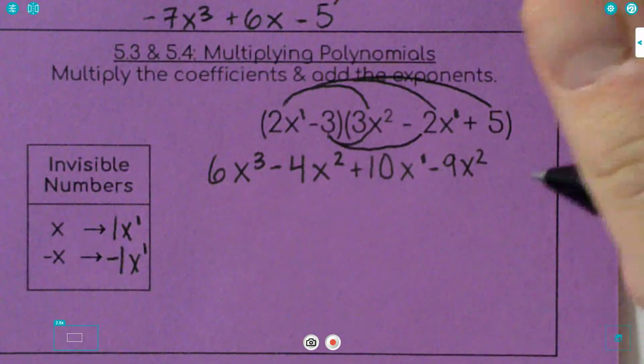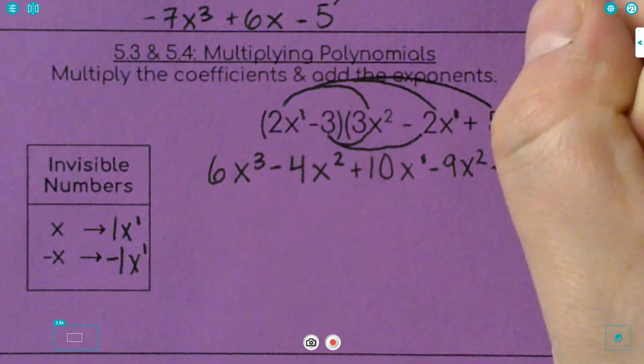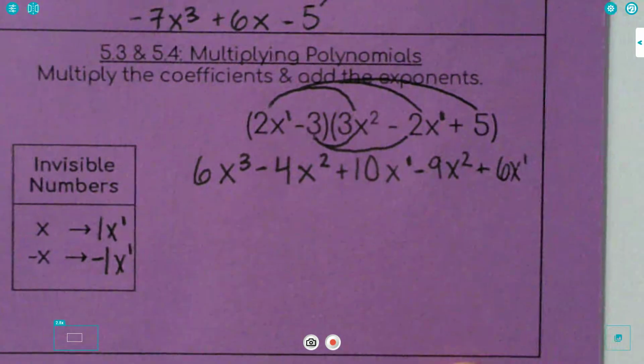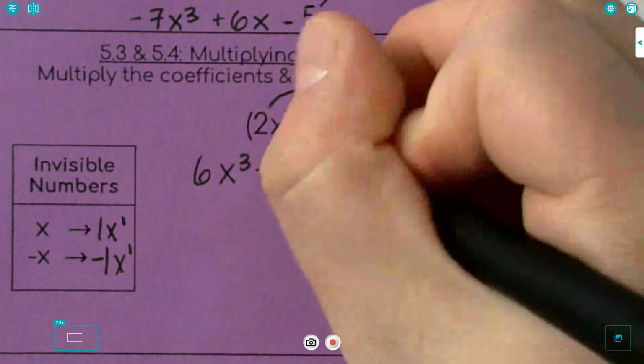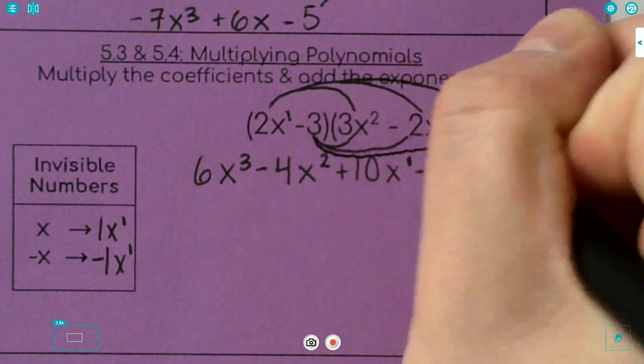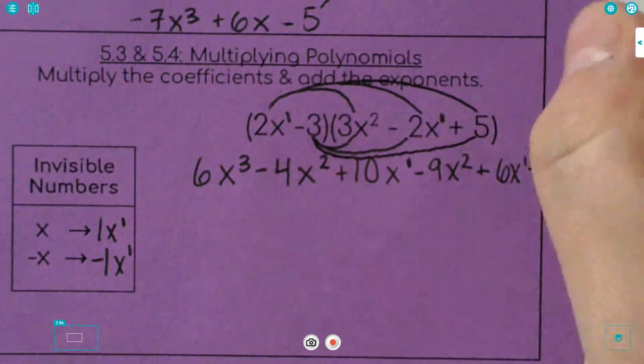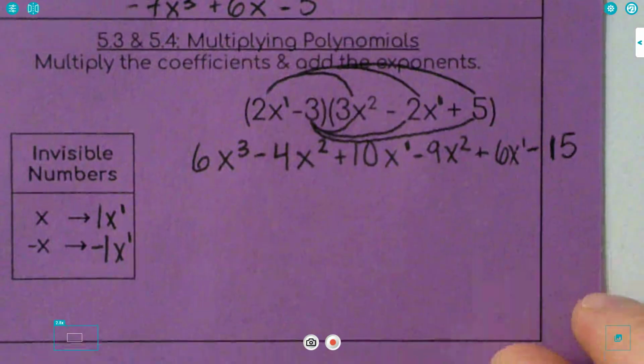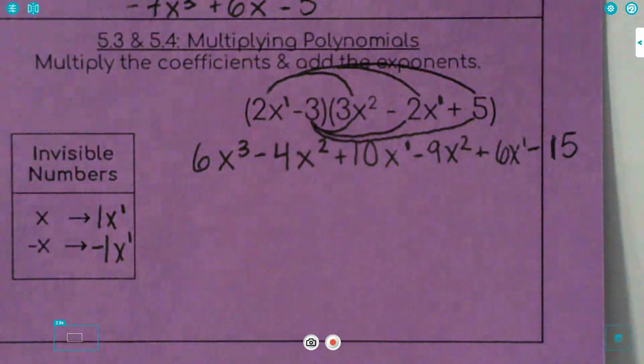Negative times negative is positive 6x to the first. And then I'm running out of space. Negative 3 times 5 is negative 15. Okay. Any questions on that guy?